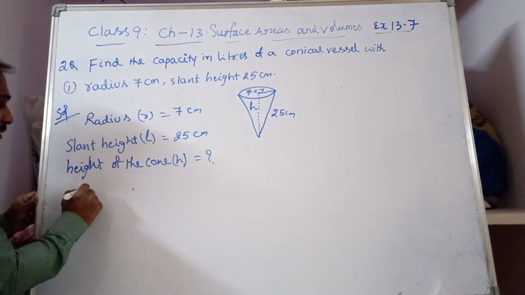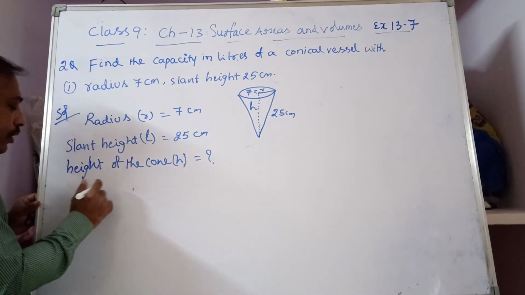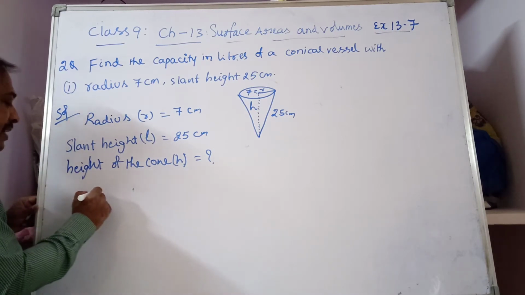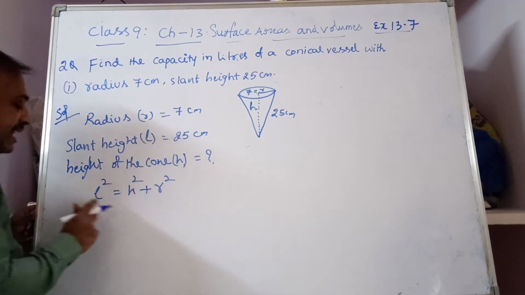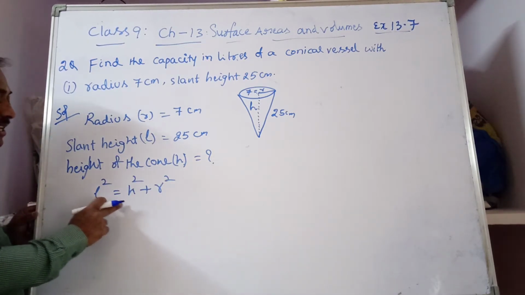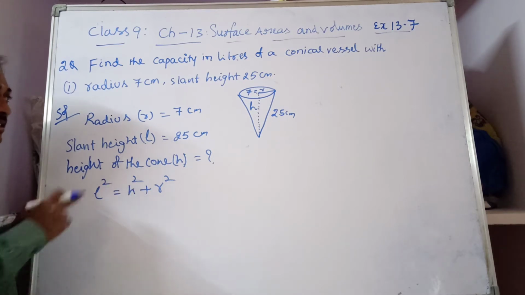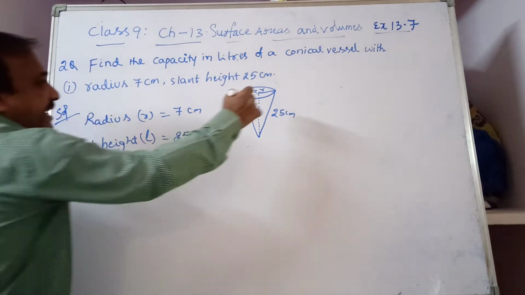As we know, L square is equal to h square plus r square, according to the Pythagoras property.